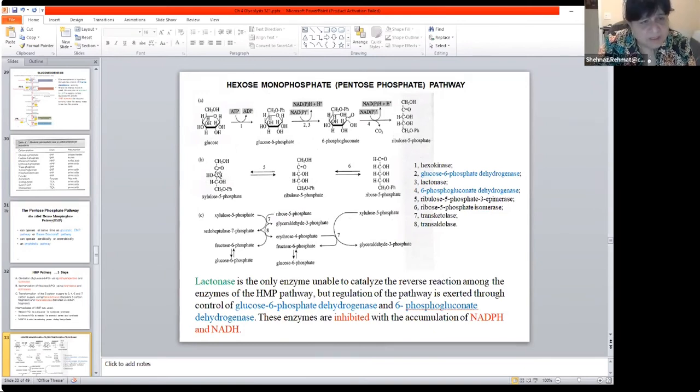Now comes the second series of reactions, where the ribulose 5-phosphate you have created can either use an epimerase to go towards xylulose 5-phosphate, or use an isomerase to convert it into ribose 5-phosphate. So this is just interconversion by epimerases and isomerases.